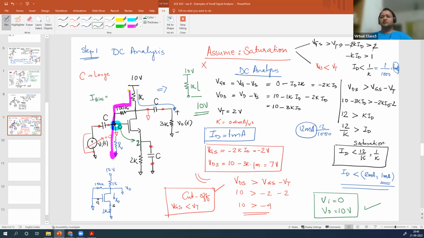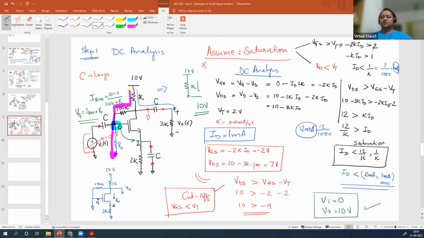Bias current is given as voltage from top to bottom, 10 minus 0, divided by the resistance along that path, 1K, 100K, R. So 101K plus R. Right? So what is the voltage value here? The voltage at the gate, VG, is I bias times R.